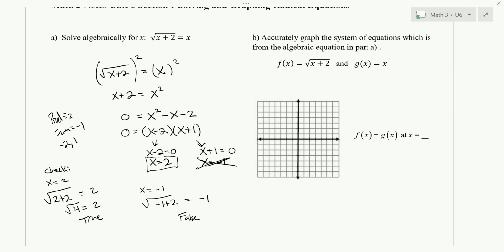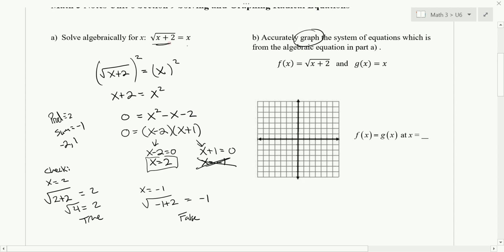Now on the right-hand side, it asks us to accurately graph the system of equations which is from the algebraic equation in part A. Looking at f of x and g of x, how is that related to our equation in part A? What's the relationship there? F of x is what? It's the left side of the equation, right?